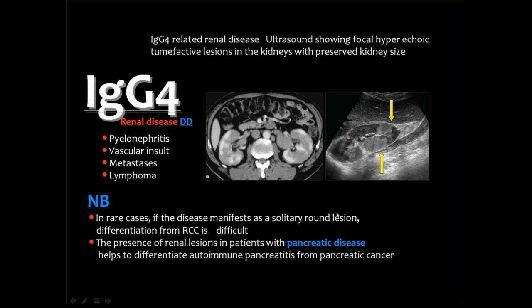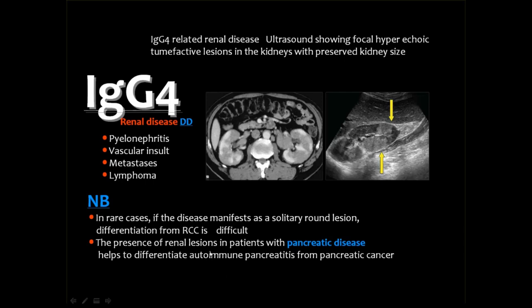And rarely, the IgG4 related renal disease may appear as a focal renal mass, which cannot be discriminated from renal cell carcinoma. But as I have mentioned before, in patients where you can detect pancreatic affection, it may help you to predict the possibility of IgG4 related disease.